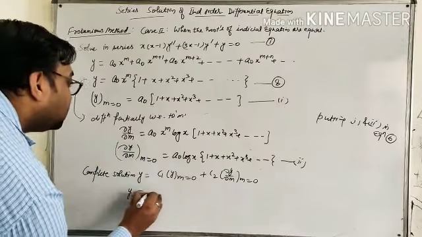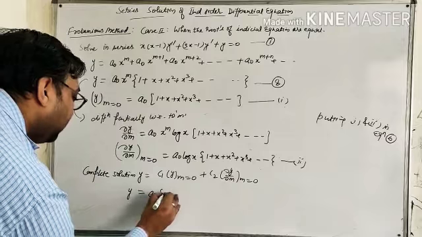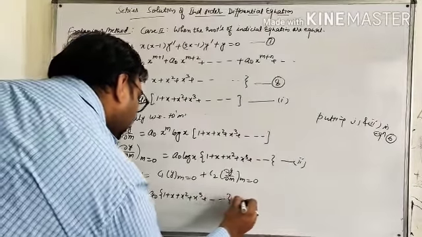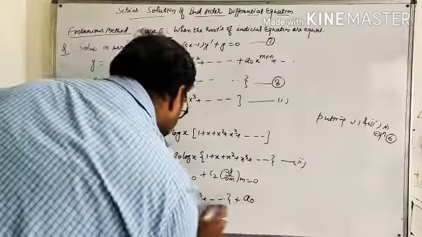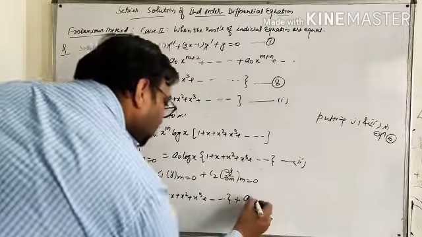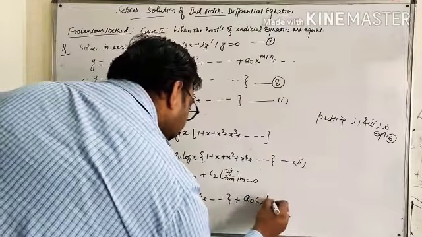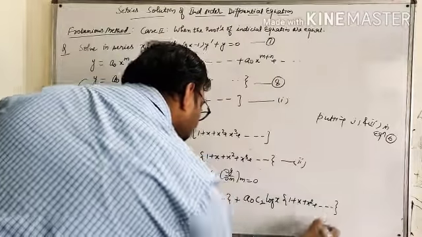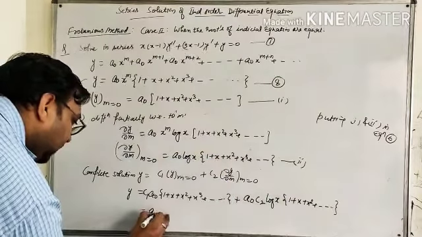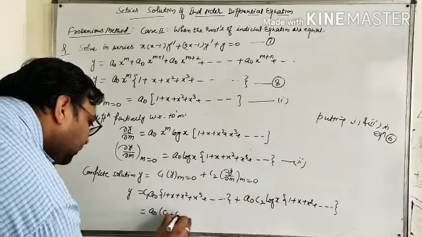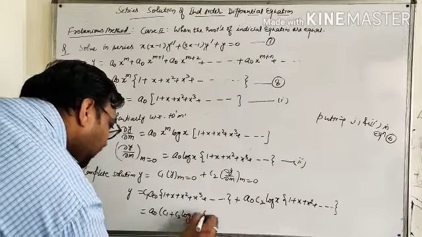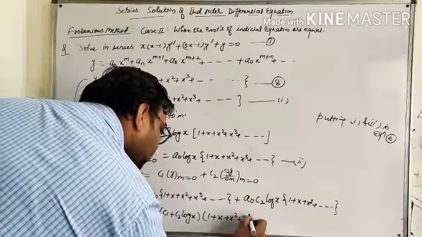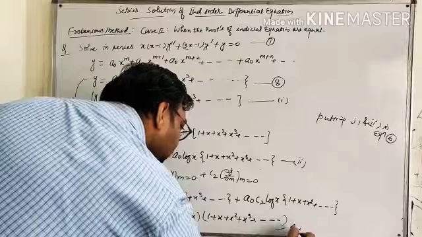So y is equal to a naught 1 plus x plus x square plus x cube and so on, plus a naught c1 plus a naught c2 log x into 1 plus x plus x square and so on. Or we can write it as a naught c1 plus c2 log x into 1 plus x plus x square plus x cube and so on. So this is the required solution.